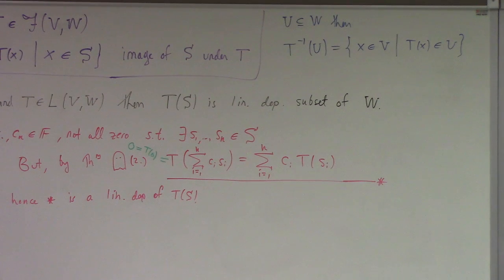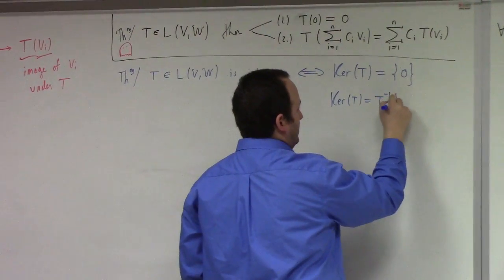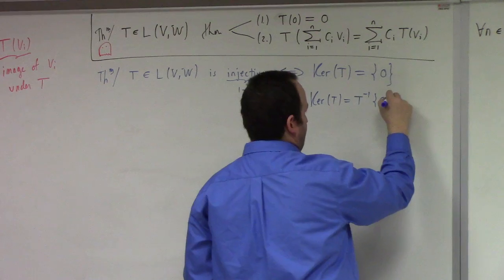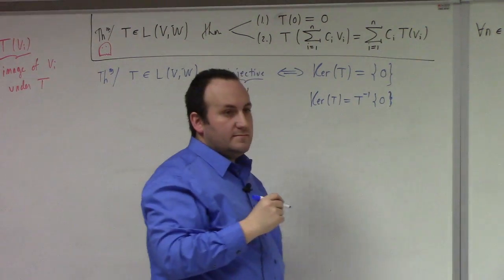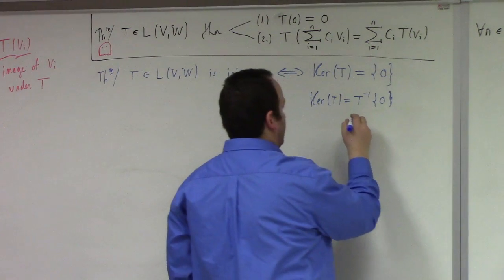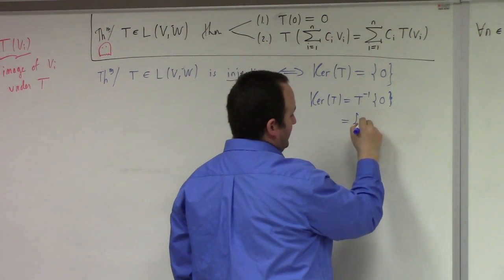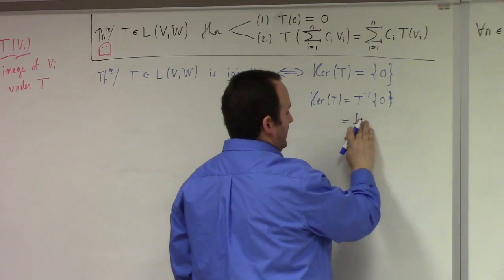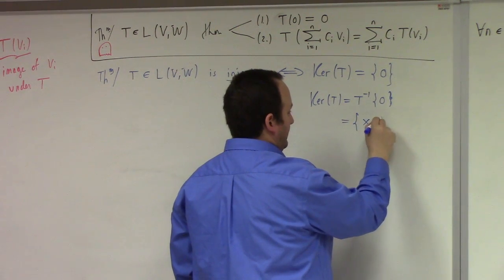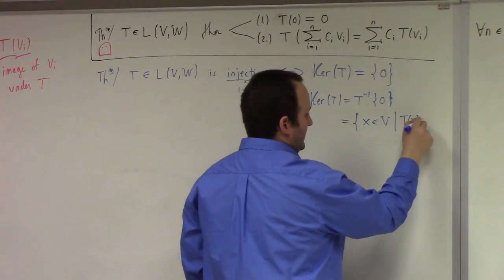Okay, so-called inverse image. Now, the kernel of T, by definition, is simply the inverse image of 0, the set containing 0. To give you a slightly more workable definition, what we're looking at here is x in V, x in the domain, such that T of x is equal to 0.